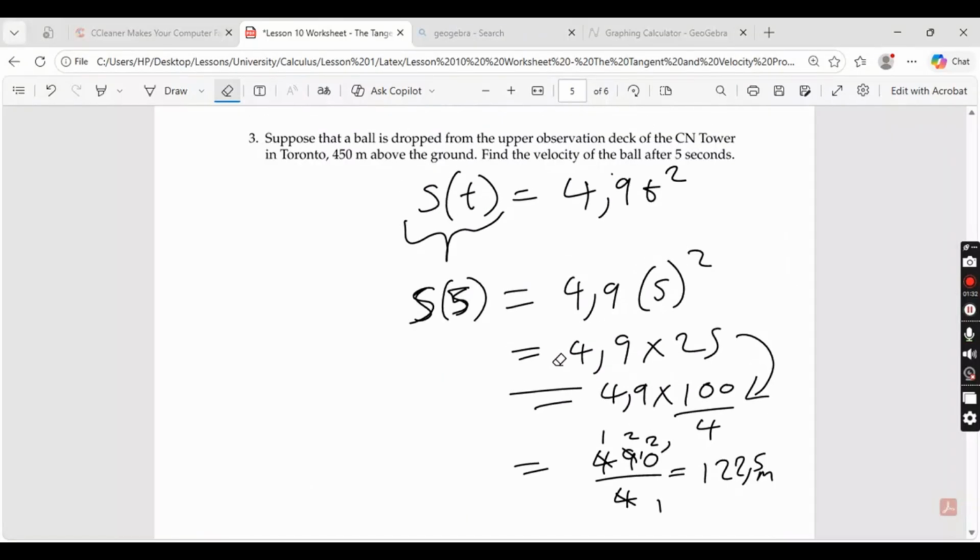So, is there any way we could use maybe what we learned from the tangent problem?